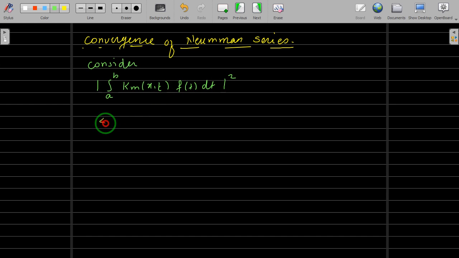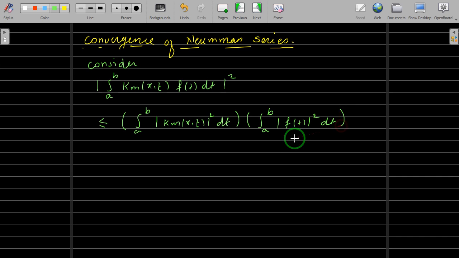The whole square is less than or equal to the integral of km(x comma t) the whole square dt, and the integral from a to b of the second function, mod of f(t) square dt.